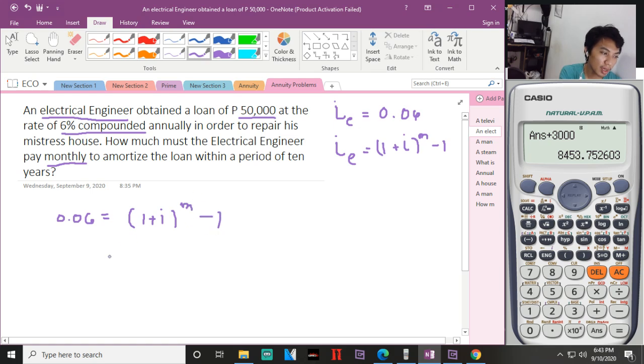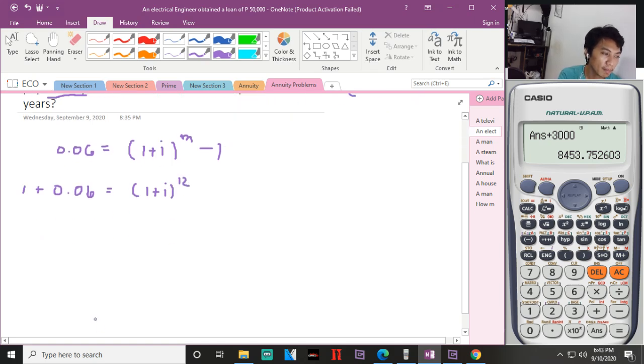Kaya lang yung m is... 0.06. Ilipat ko na si 1 dito. 1 plus I raised to m. That is 12 kasi nga monthly ang amortization mo. So, this will be 1.06 equal to 1 plus I raised to 12.